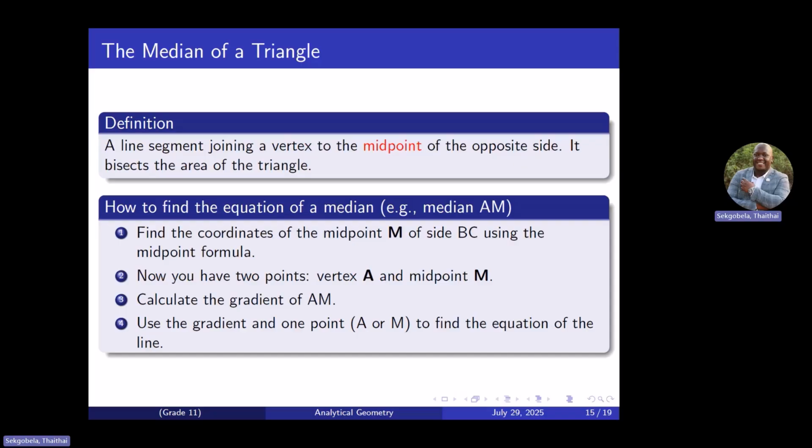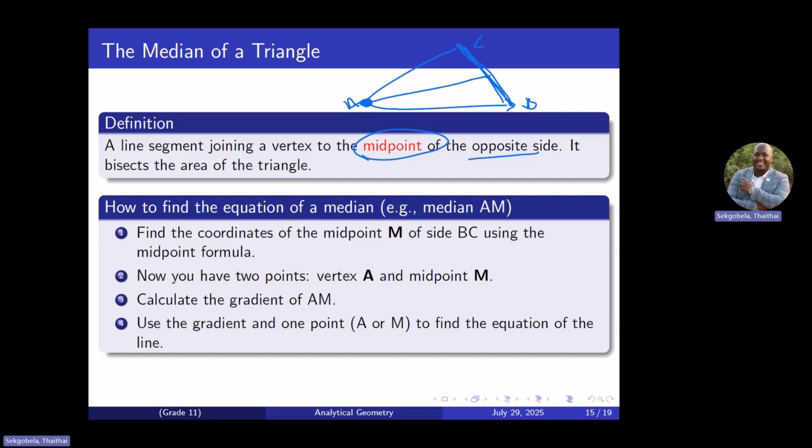It means that if you have a point A here, another point here which is B, and another point which is C, and we choose A to be a vertex, we are going to have a line that goes to the midpoint of the opposite side. The opposite side of that vertex is this.